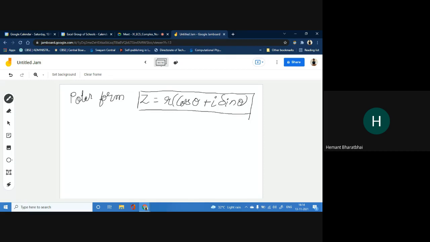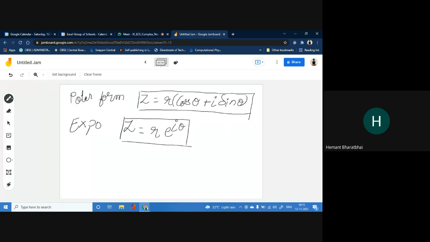So if you know the argument and modulus of a complex number, you can write it in the form of r into cos theta plus i sin theta. We have one more form, which is called the exponential form. In exponential form, we write the complex number as z is equal to r into e raised to i theta.